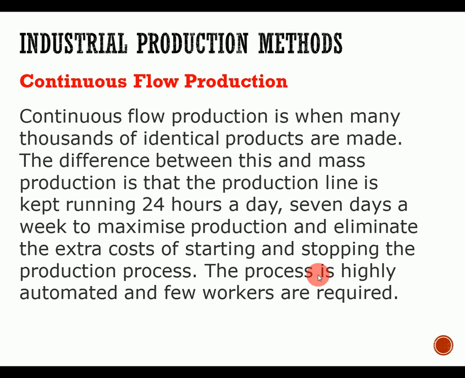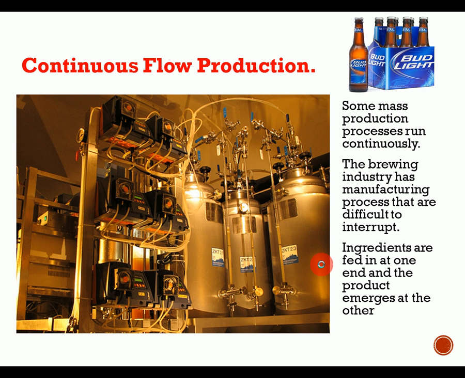The process is highly automated. Very few workers are required, often just maintaining the machines. With continuous flow production, some mass-produced products, for example beer, are set up where the ingredients are put into one end of the production line, so water and ingredients, and at the other end a finished product emerges.